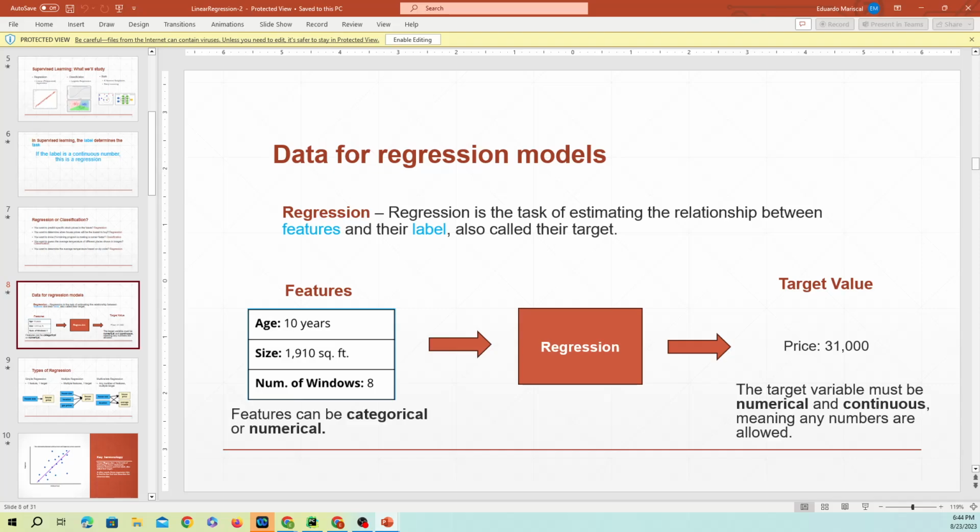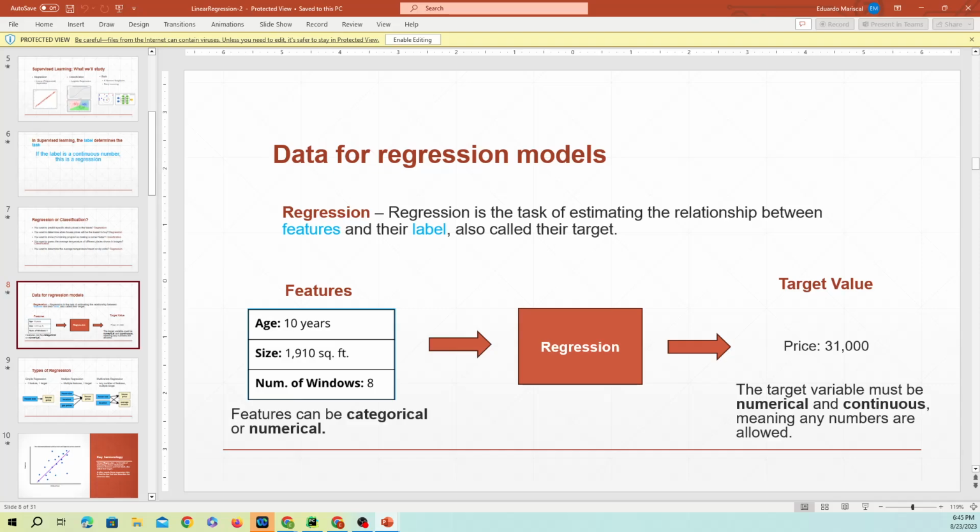So features can be categorical or numerical in regression. When you're doing a regression model, you can have both of them. Numerical means continuous, categorical means an option, right? In this case, the number of windows is 8, that's categorical because it's not continuous.